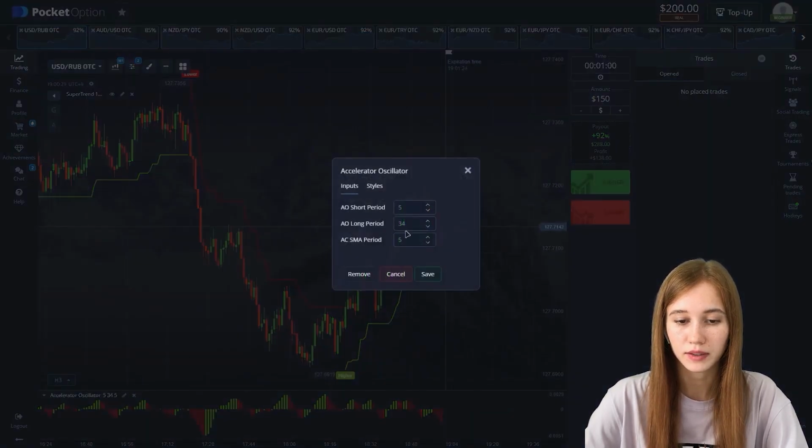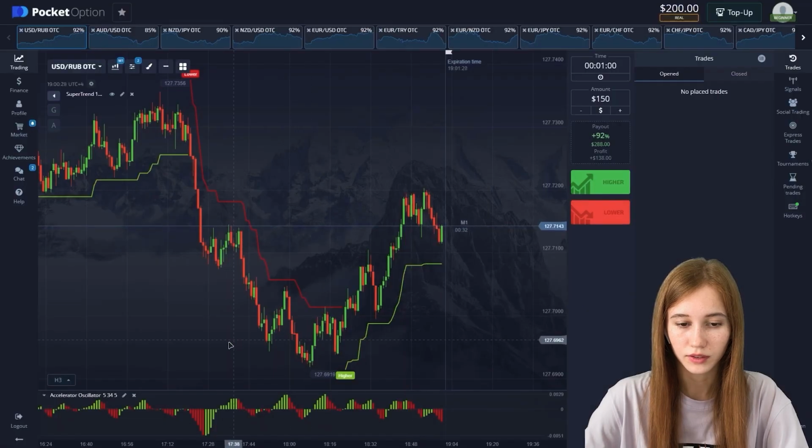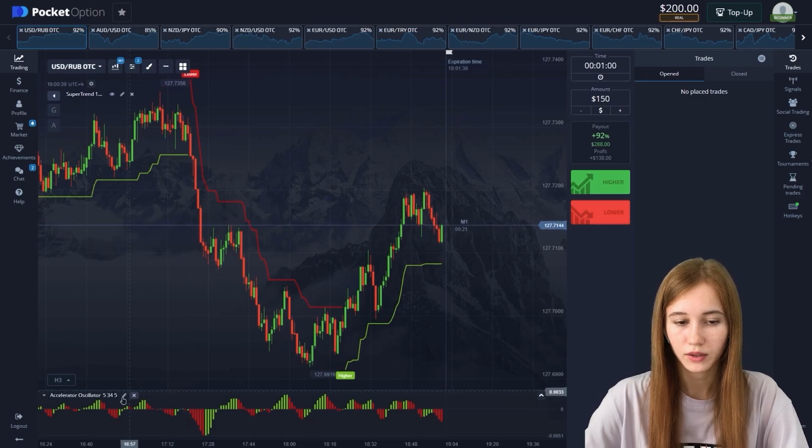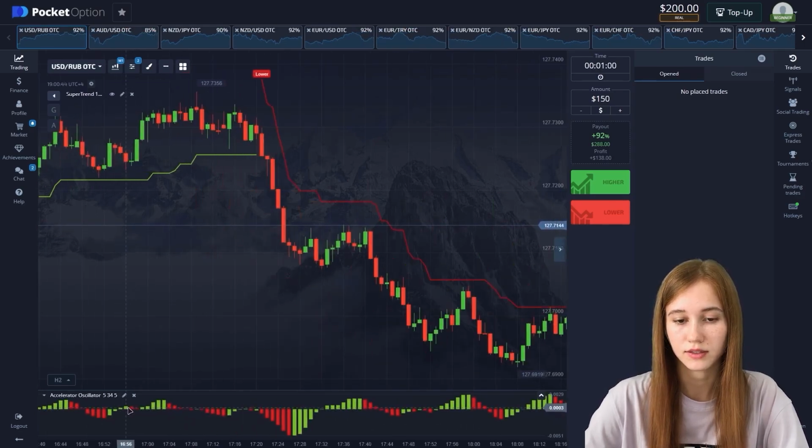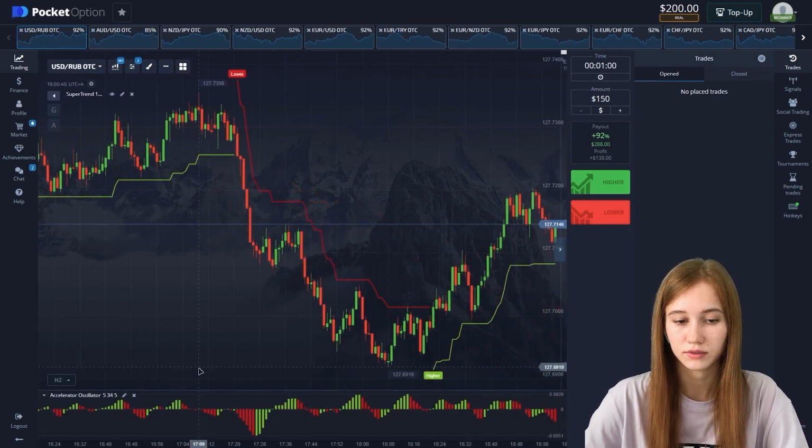So the second one, oscillator, you can see the settings. So how it works. We only need two consecutive confirming bars to open a trade. That's like here.